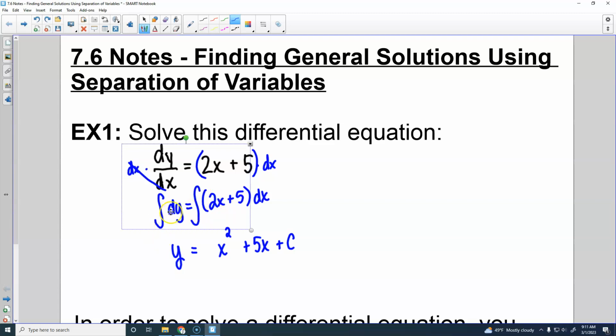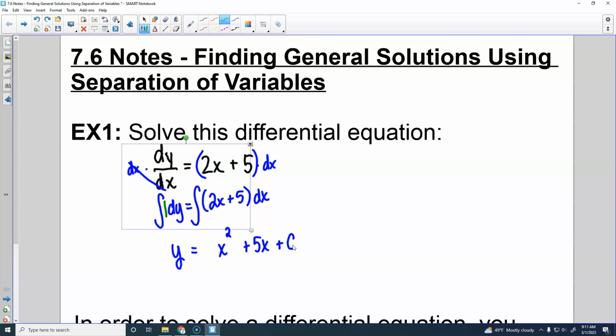And so when you integrate dy, it's like there's a 1 there, and you're integrating with respect to y. So if you integrate 1 with respect to y, you get y. And then you integrate this side with respect to x, which gives you this expression over here. So in a very, very basic way, we've already been solving differential equations.